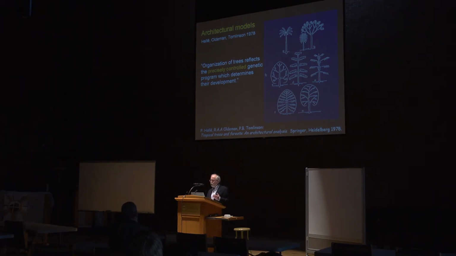So their point of view was that different architectures of trees, for which they produced iconic and very convincing images, a few of which I have shown here, are blueprints of development coded genetically, and if plants were living in an ideal environment, then trees would be very much similar to each other if they belong to the same architectural model.